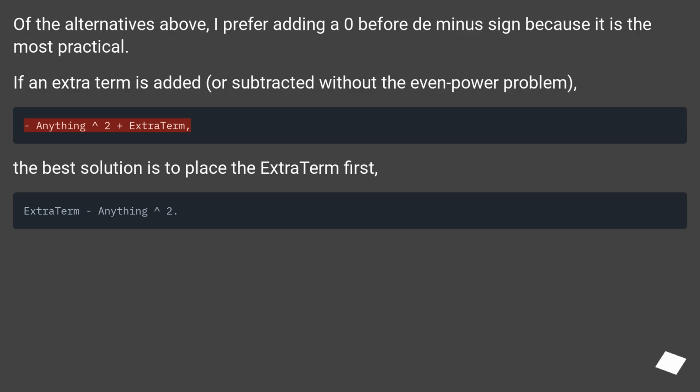Of the alternatives above, I prefer adding a 0 before the minus sign because it is the most practical. If an extra term is added or subtracted without the even power problem, the best solution is to place the extra term first.